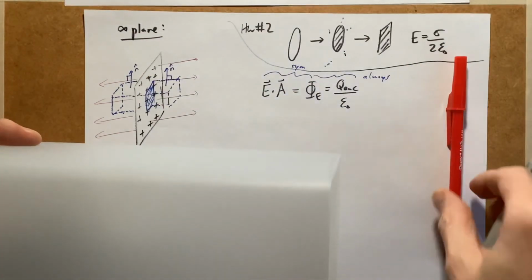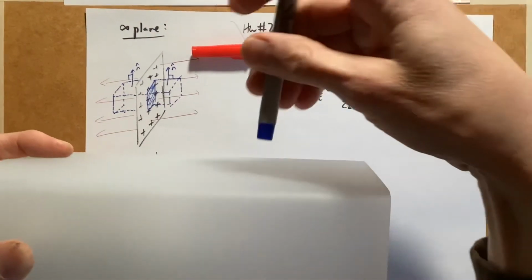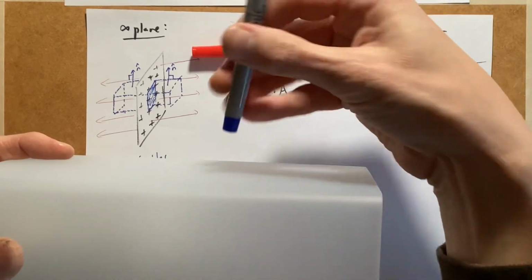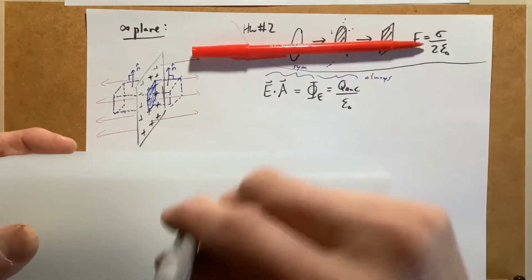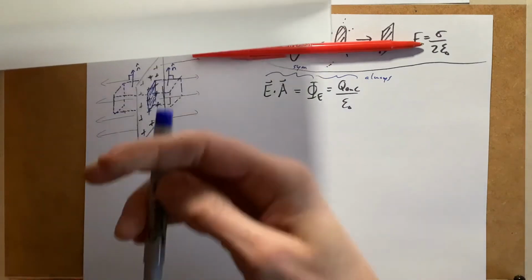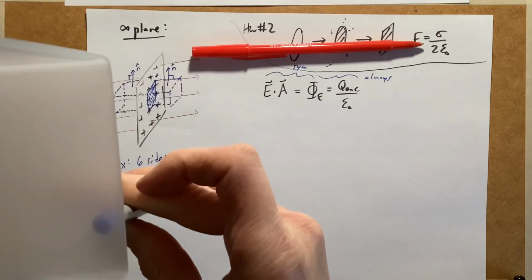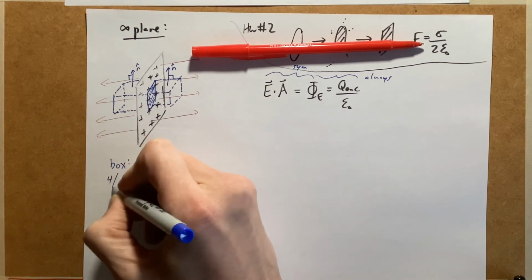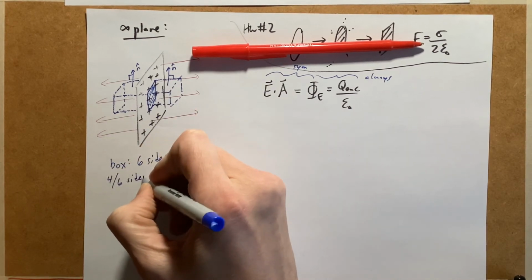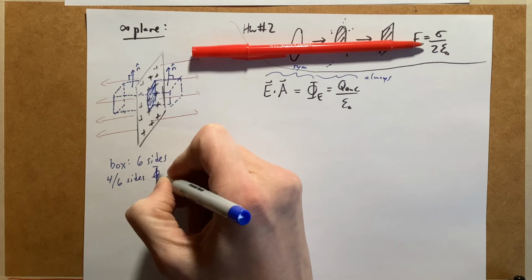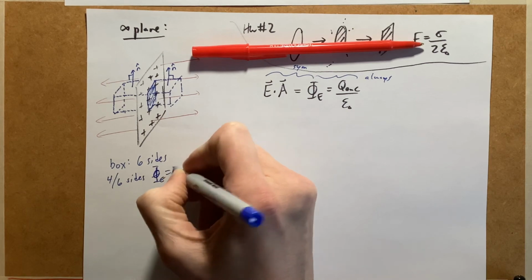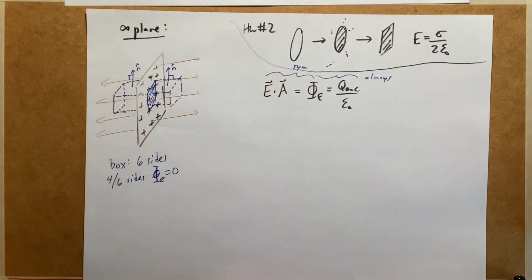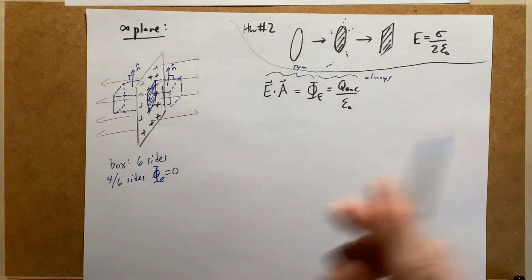That argument applies to this side as well. If the field points to the right, no matter which normal I'm talking about, it is 90 degrees to the field, and even the same thing in the back. So out of the 6 sides, 4 out of 6 sides, the flux is 0 right off the top. That's great, that makes my life easy.